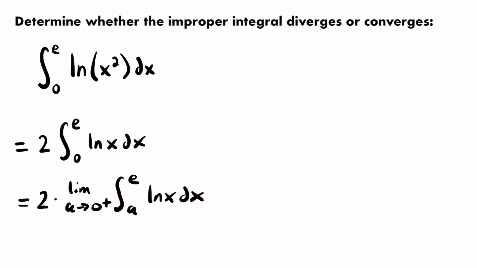Remember the formula for integration by parts looks like this. It's u times v minus the integral of v du. And for this integral, where we have the integral of the natural log of x dx, we set u equal to the natural log of x and set dv equal to dx. All right, and so then we take the derivative of u and integrate dv.